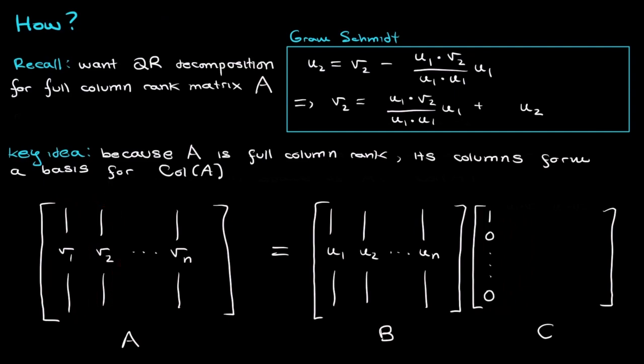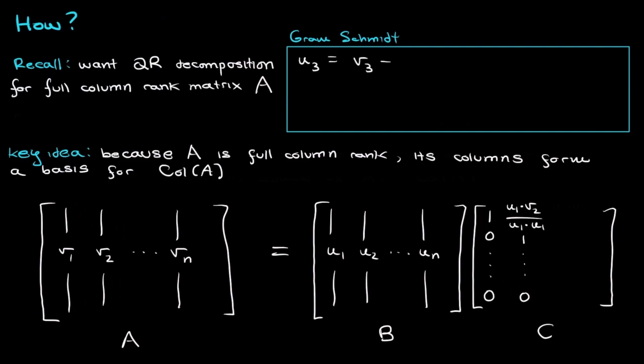Now I can use that second way I've written my Gram-Schmidt formula to recover those coefficients exactly. Now reading from top to bottom for the second column of the matrix C, the entries are u1·v2 divided by u1·u1, 1, and the remaining entries are 0.